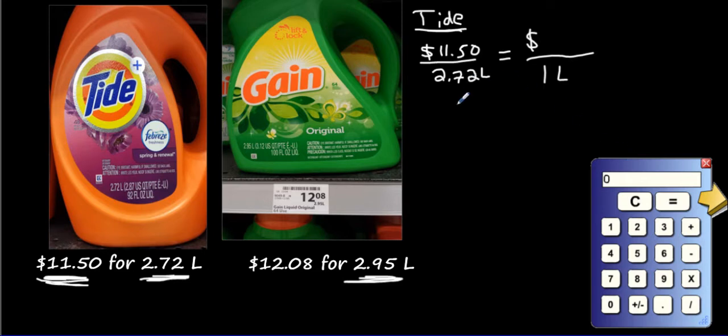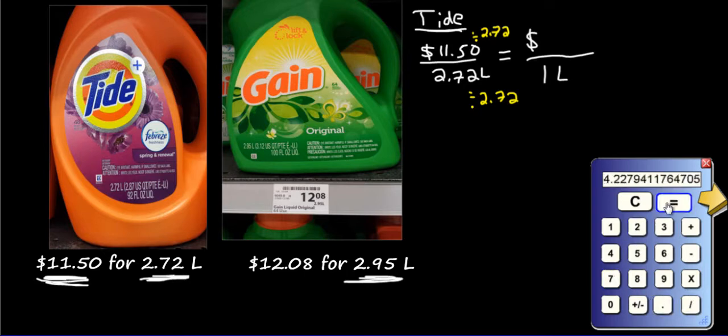Let's quickly do this. We had to divide by 2.72 to get this to turn into that. So we can divide the top number by 2.72 as well. We have 11.5 divided by 2.72.